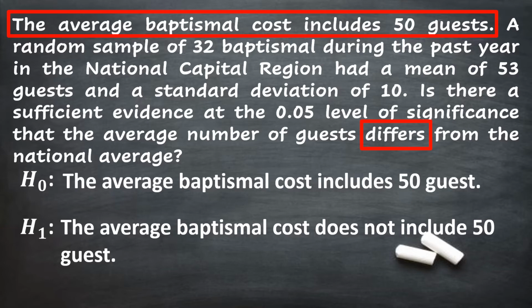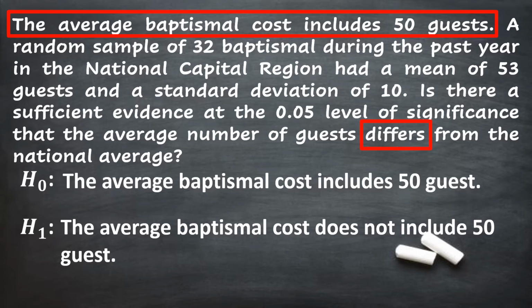mean. We will use the population mean as the standard mathematical symbol for a hypothesis. So, population mean is equal to, you always use the equal sign for null hypothesis. It will never change, it is always just an equal sign for null hypothesis.